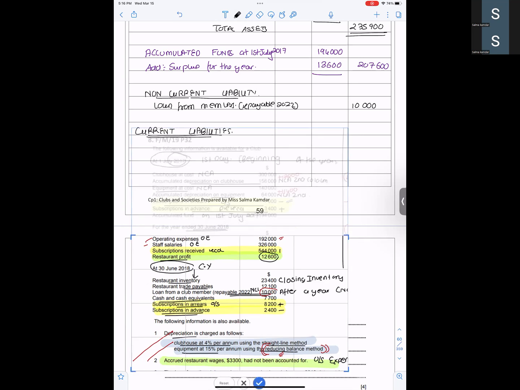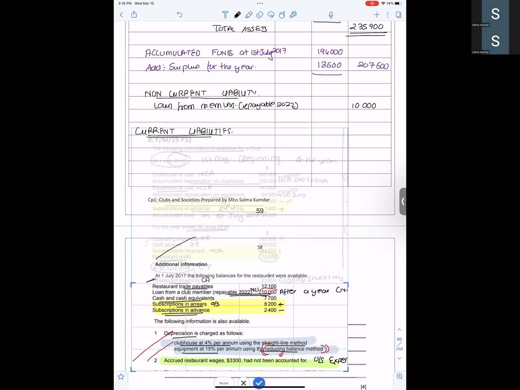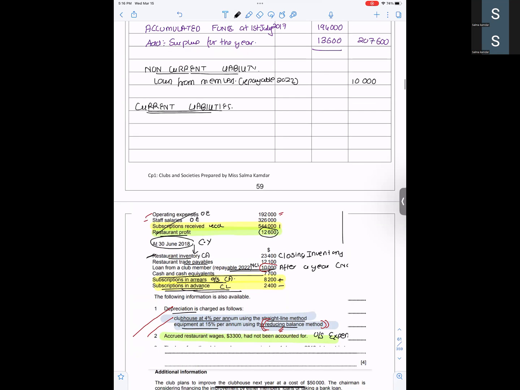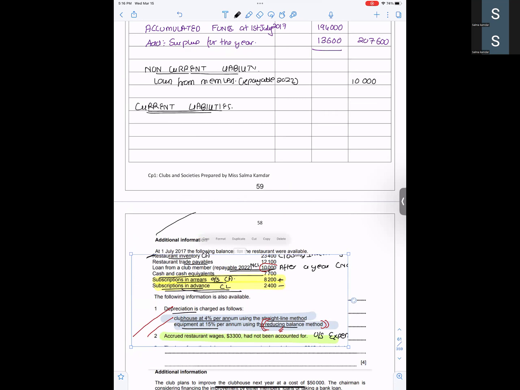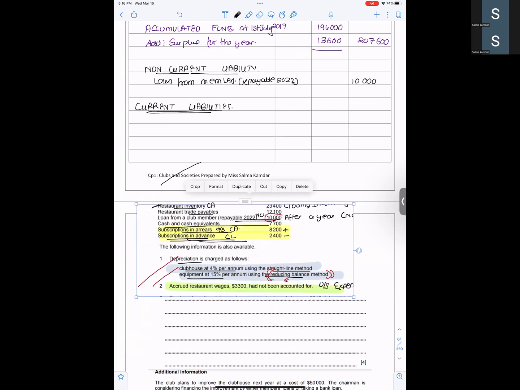So I have restaurant trade payables, which is 12,100.